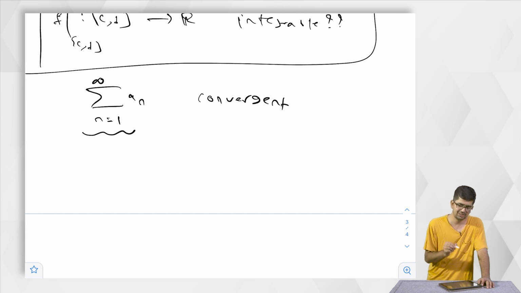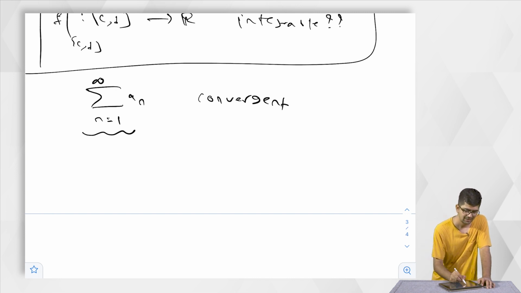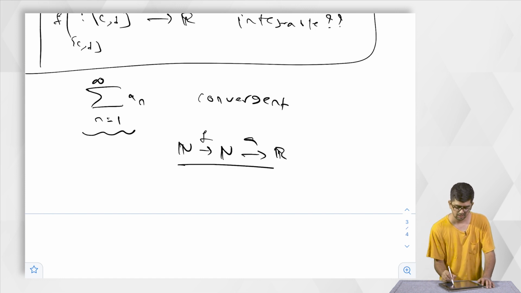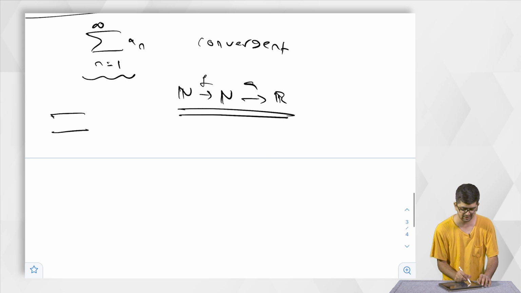Now what I do is the following. I will take a subsequence of this, which means I am just composing with some nice map, and look at the corresponding series.